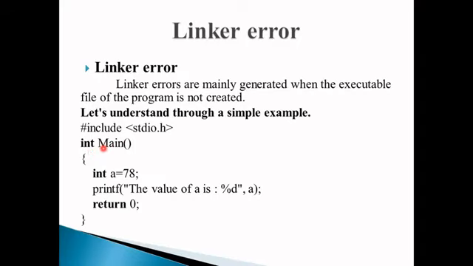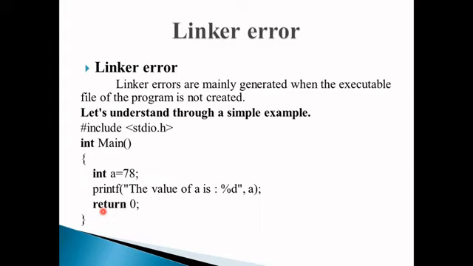Curly bracket open, in between is the body of the whole program. Here we define variable a of data type integer and variable a stores value 78. In printf we print the value of a. Next, return 0, curly bracket close.